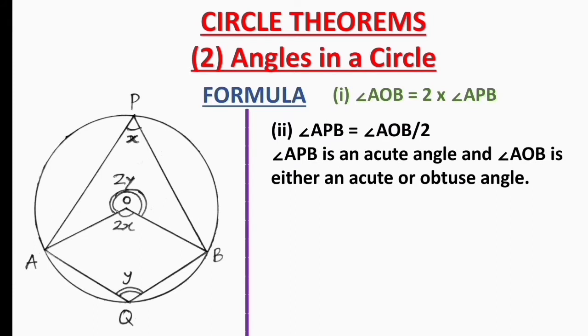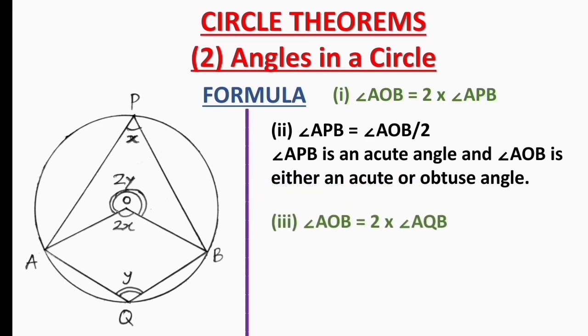Number 2 formula, the angle APB is equal to half of the angle AOB, which is angle AOB divided by 2. Here the angle APB is an acute angle and the angle AOB is either an acute or an obtuse angle.